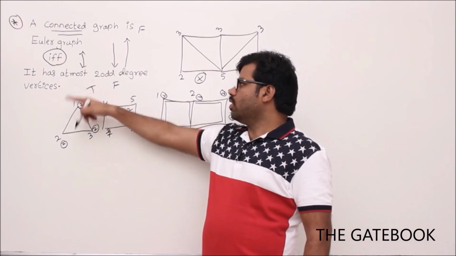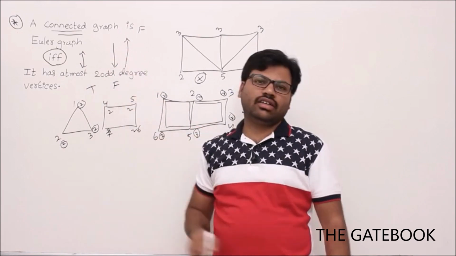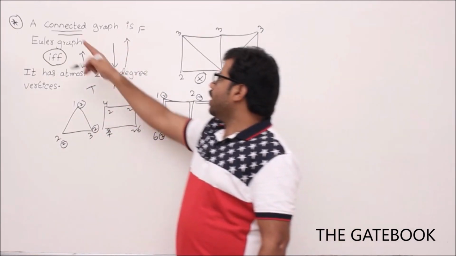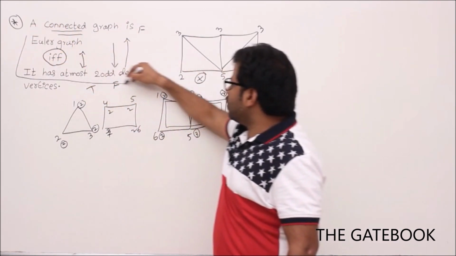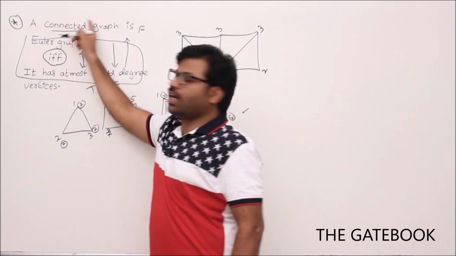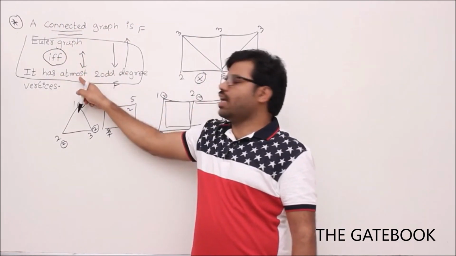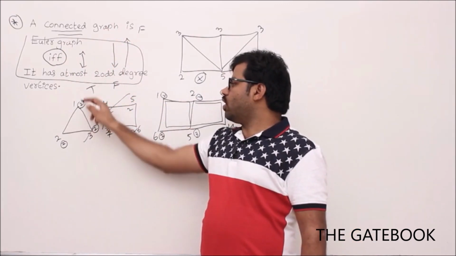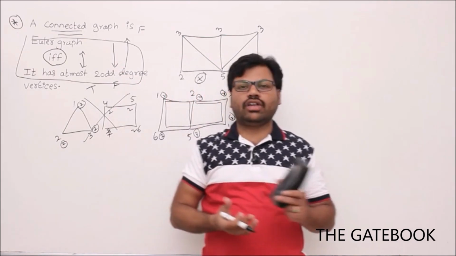According to the theorem, it has at most 2 odd degree vertices, correct? But that is not an Euler graph. The reason: the graph should be connected. So I can say that a connected graph is an Euler graph if and only if this happens. So we are talking about connected graphs. Since this graph is not connected, don't apply the theorem. Apply this theorem only to connected graphs. That is what I wanted to say.